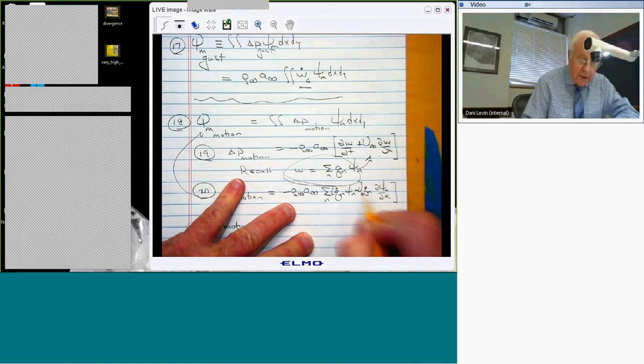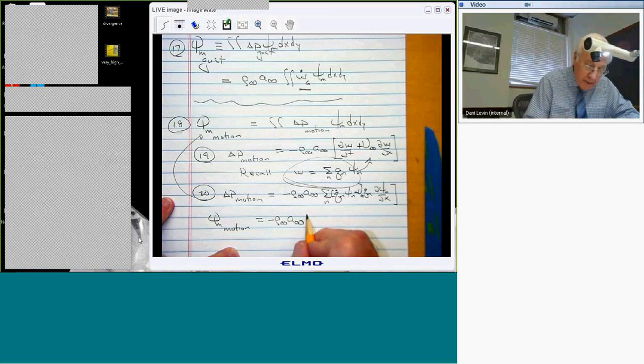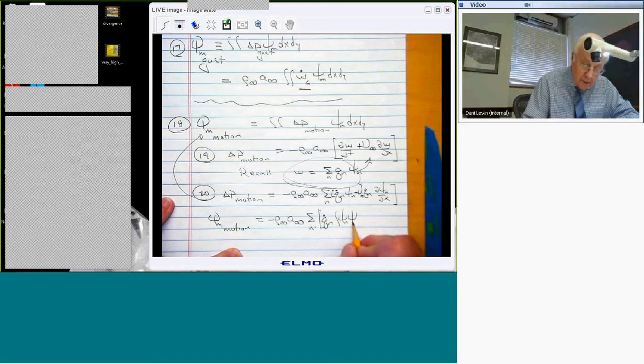So now we have minus rho infinity, A infinity, they're constants, so we can take those outside. There's a summation over n. We have qn dot, integral of psi n times psi m dx dy, plus U infinity qn times integral of d psi n dx times psi m dx dy.